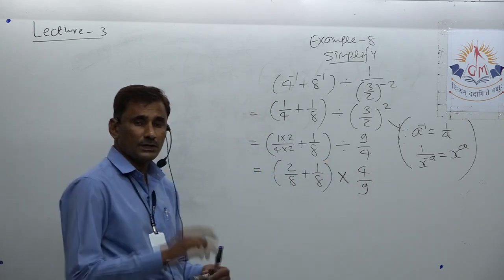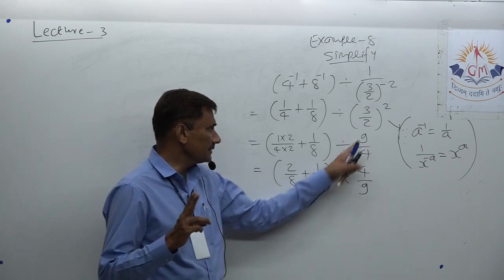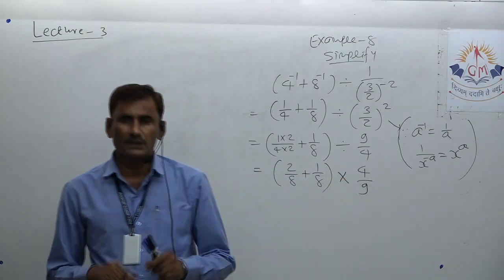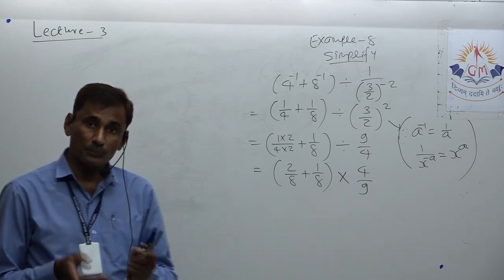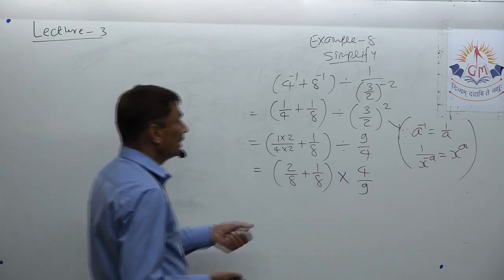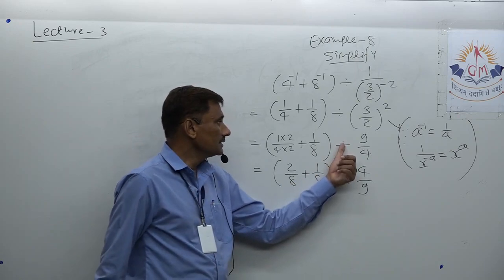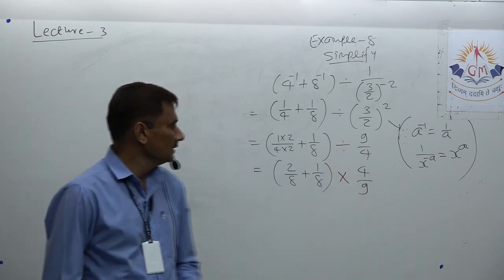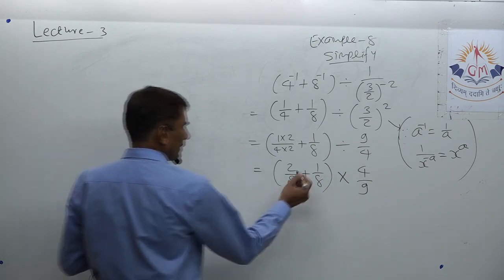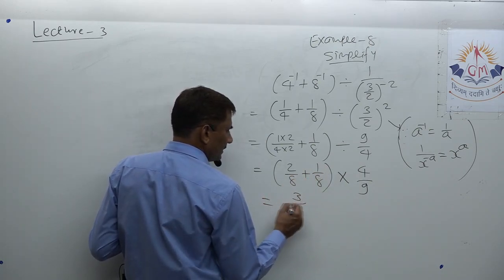Okay, so in two cases the reciprocal is used. Either you want to convert the exponent sign from negative to positive or positive to negative, or you want to convert the division sign into a product sign. Okay, so it becomes 3 by 8. Why?